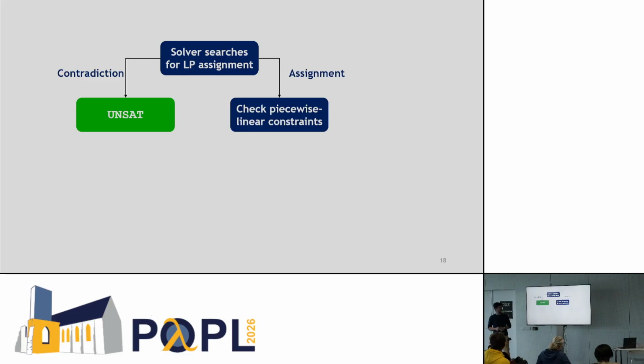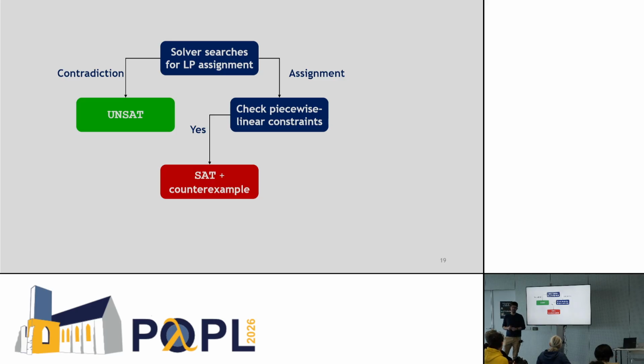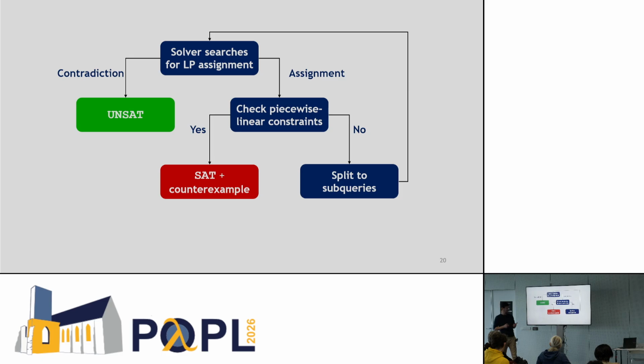Otherwise, it will find a satisfying assignment. But then we need to check whether it satisfies the piecewise linear part as well. And if it does, then we can conclude satisfiability, and we have a counterexample in hand. Otherwise, the solver is inconclusive, which means that we might need to split into subqueries. We pick a piecewise linear constraint and break it into its linear pieces.